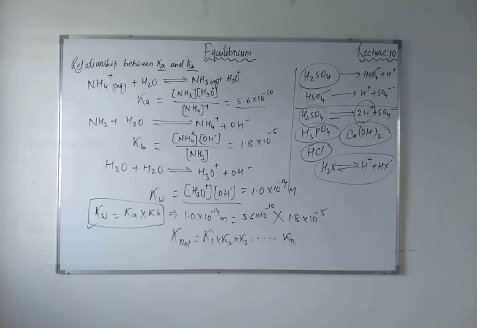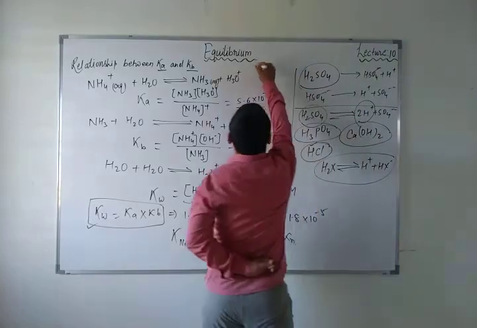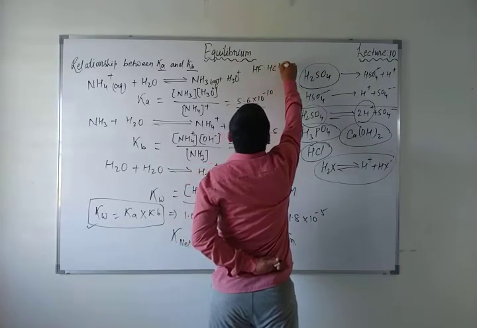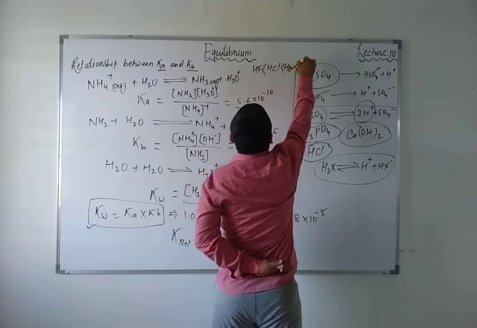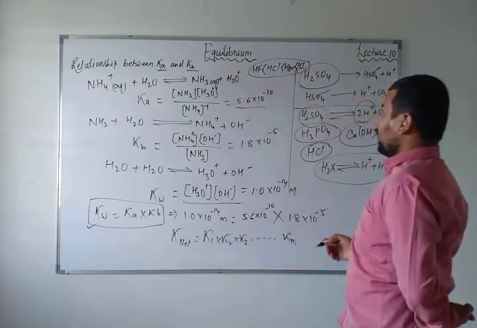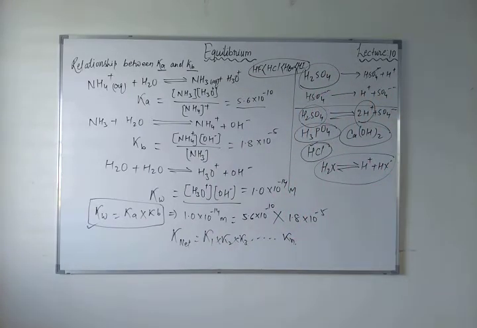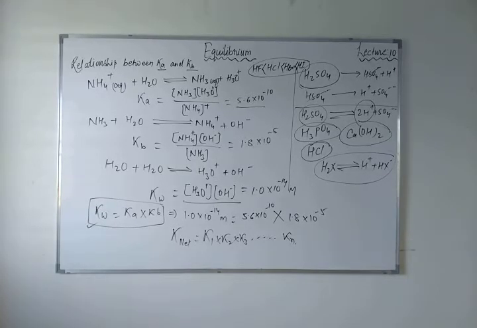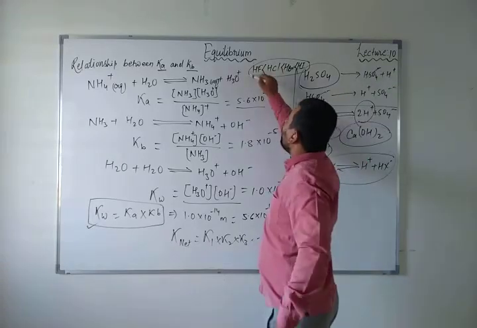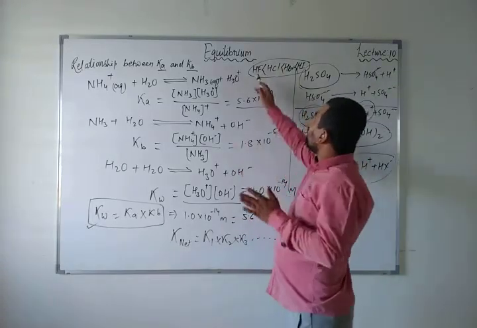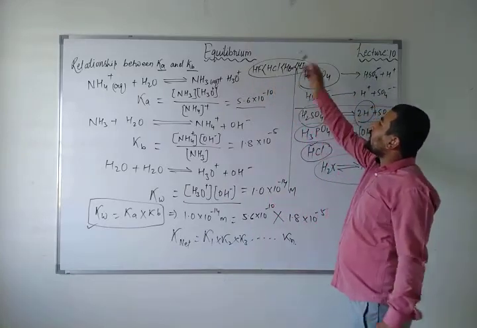For example, in group number 17, what are the elements? Hydrogen fluoride, hydrogen chloride, hydrogen bromide, and hydrogen iodide. So here the radius increases, the size increases, and the bond strength decreases, because you know very well the bond length of HF is very short, HCl is greater than HF, HBr is greater than HCl, and HI is greater than HBr.